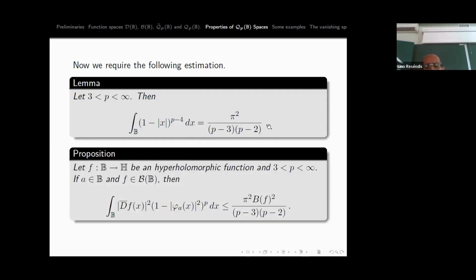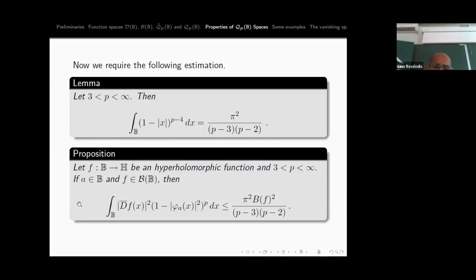Now we have the following proposition. Now we consider some hyperholomorphic function from the unit ball to the quaternions. But we are considering now p greater than 3.